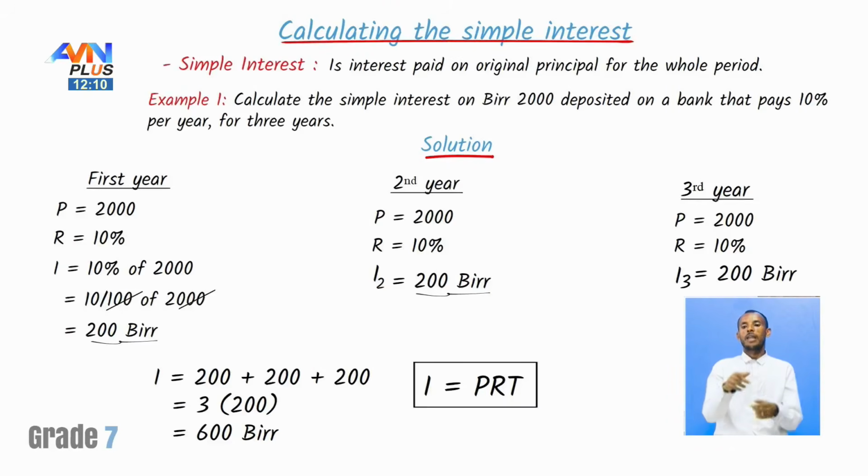As you can see here, principal times rate, principal times rate, times how many times? 3 times. That means 3 is time. PR times 3 means times T. Therefore, simple interest is given by this equation. Simply you multiply the principal, the interest rate, and time.